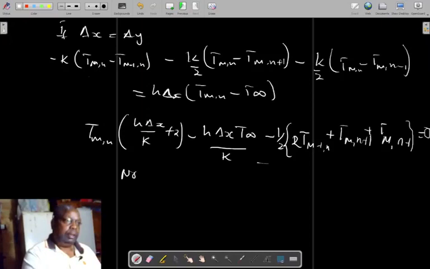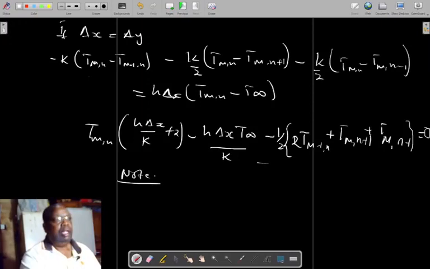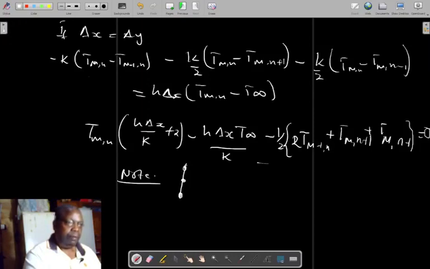And note that this equation that we've come up with is only valid for a node that is on the surface, i.e. a node as we have there.